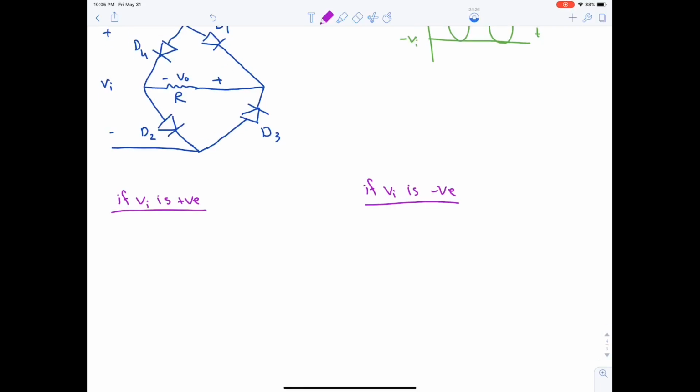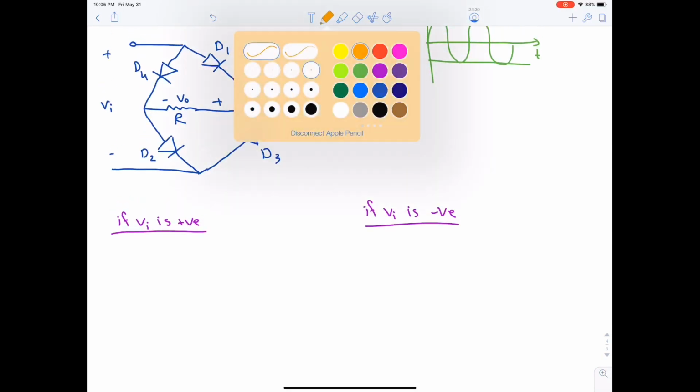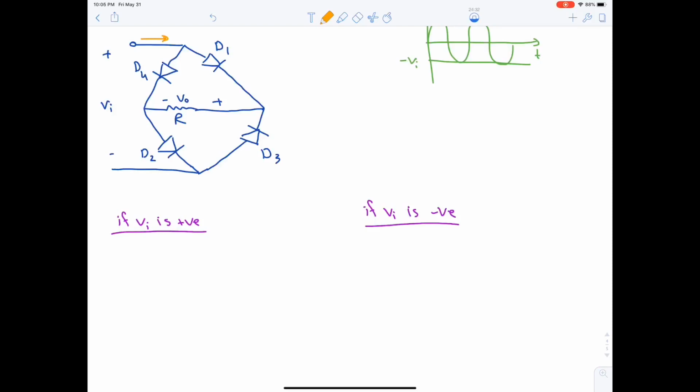If Vi is positive, the current will flow like this, it will split. Now D1 is on, D4, actually D4 is in the opposite direction. I have made a mistake here. It's like this. Okay, now D4 is what? D4 is off.